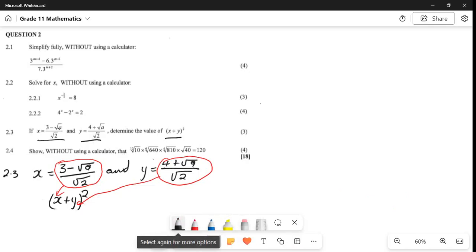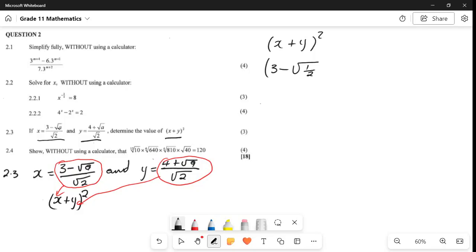Then let us come here and say x plus y squared, and then substitute with the value of x is 3 minus square root of, now instead of putting a, we say 1 over 2, over square root of 2.